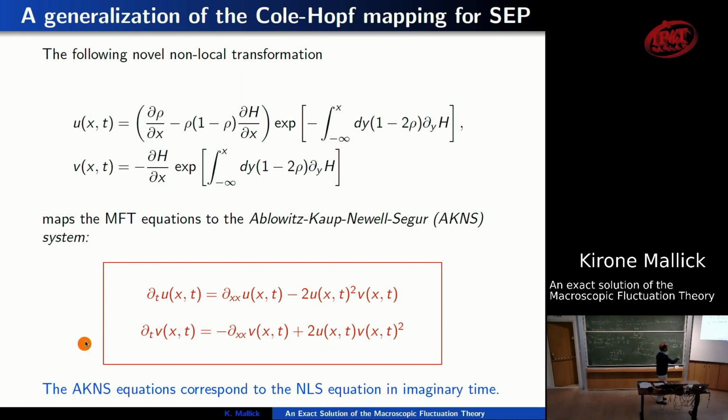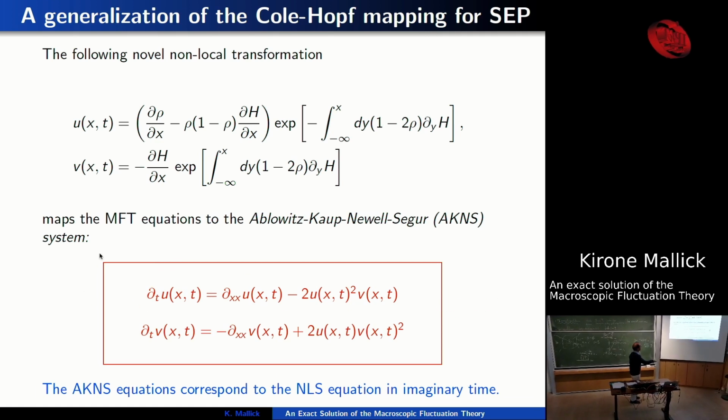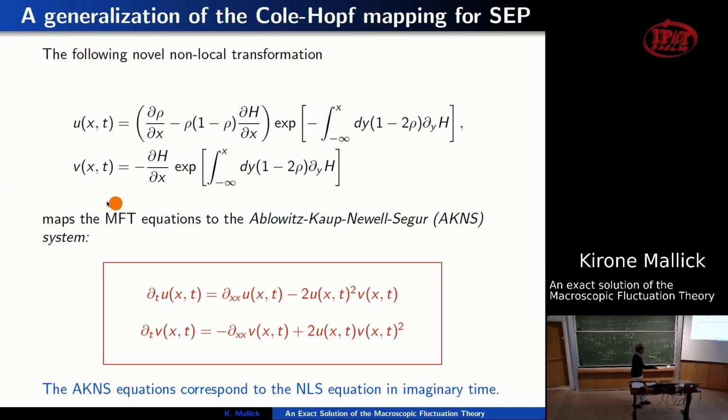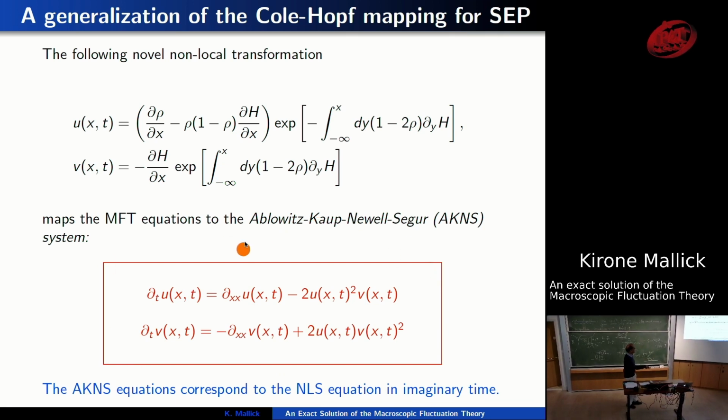If I put an i here, and I take v equal to u star, these equations are nothing but exactly the nonlinear Schrödinger equation that describes the Bose-Einstein condensates, for example. Anyway, these equations, forget about NLS, they stand for themselves, and they can be solved exactly by inverse scattering.